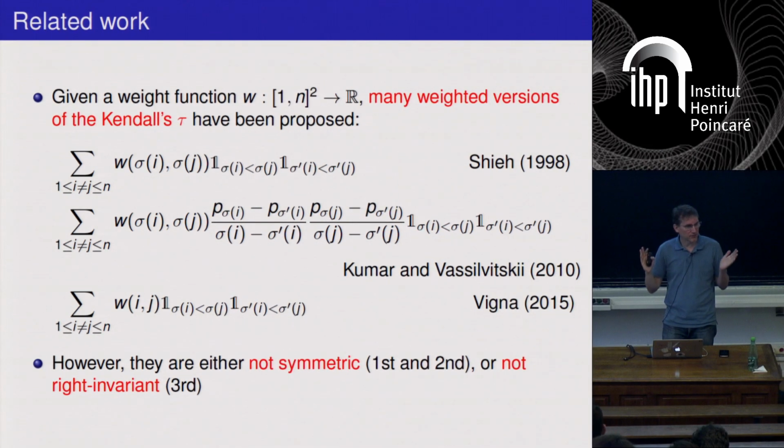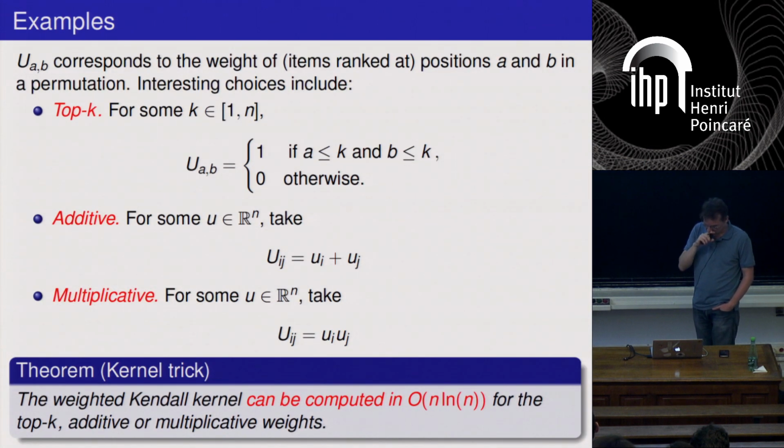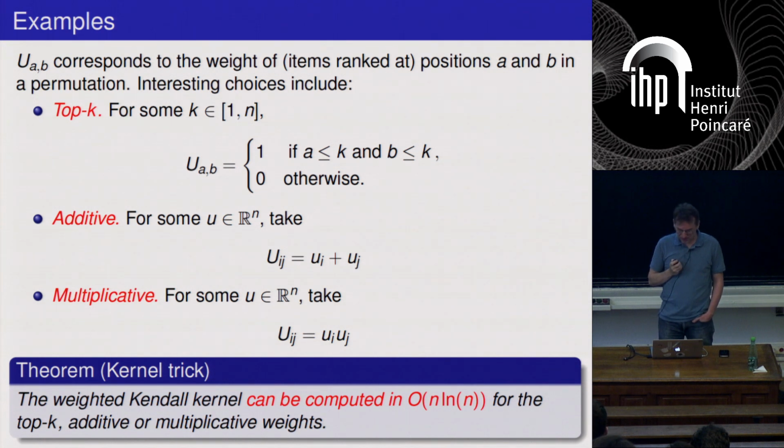So none of the existing ones corresponds to an embedding which is right invariant and so can be used in our setting. And so we worked a bit on that, and when you ask the question, it's quite easy to propose a solution. So it's possible to define a weighted Kendall correlation with some equations, which can be computed efficiently.